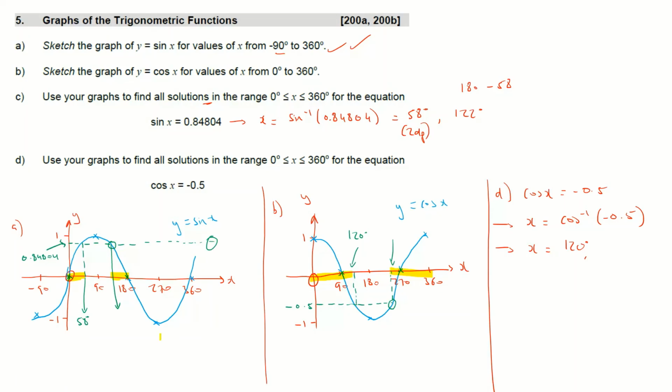Because it's symmetrical, they're the same size. Now I know that this gap here was 120 degrees. This gap here is also 120 degrees. So I will just do 360 again, take off 120, and that will tell me what that is there. So 360 minus 120 gives me an answer of 240. Are there any more solutions?